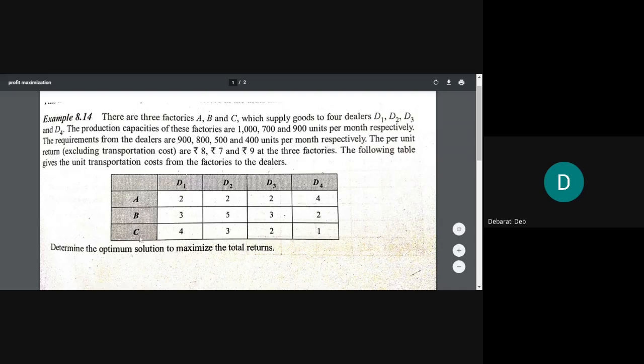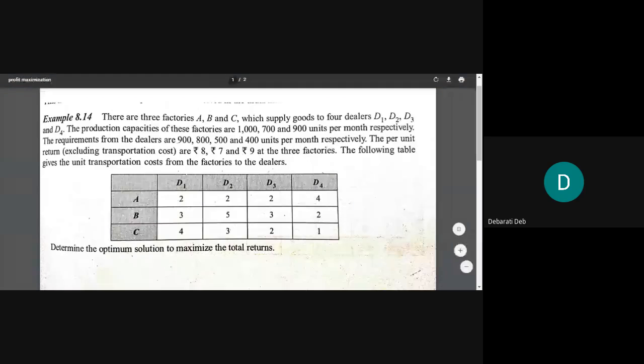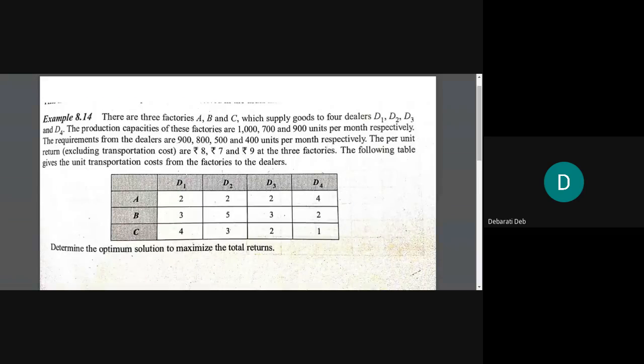So you will have to make a last row, and in that row you fill in these numbers, 900, 800, 500, and 400 units. Those are the requirements from the dealers. That means they are the demand, and the column on the right hand side holds the supply.